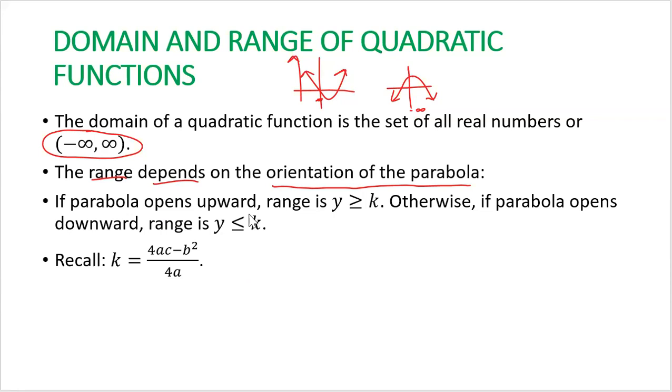So mathematically, we write that as: if the parabola opens upward, then the range would be the set of all y values such that y is greater than or equal to k. Otherwise, if the parabola opens downward, the range would be the set of all y values such that y is less than or equal to k. And remember, this k here is the y coordinate of the vertex, which can be computed also using the formula 4ac minus b squared all over 4a.